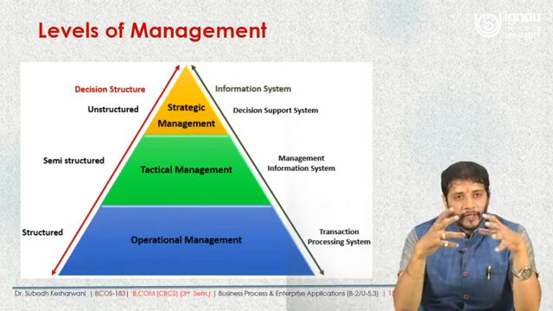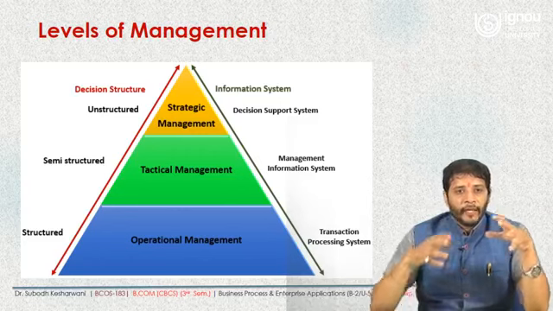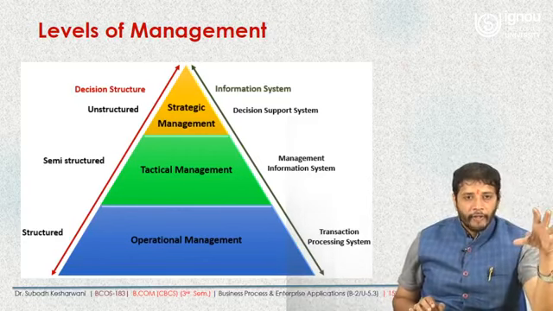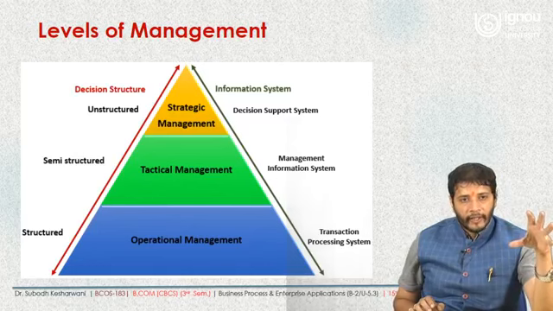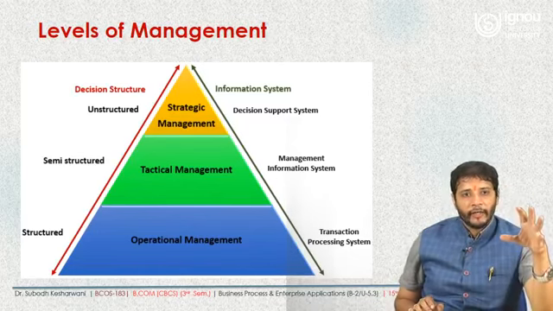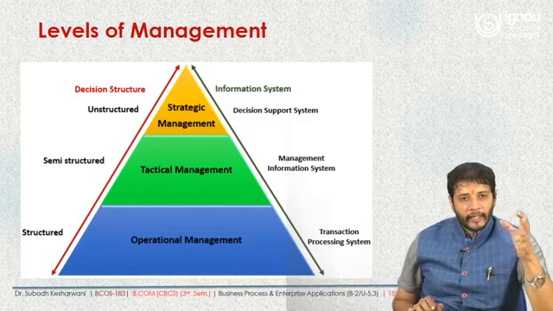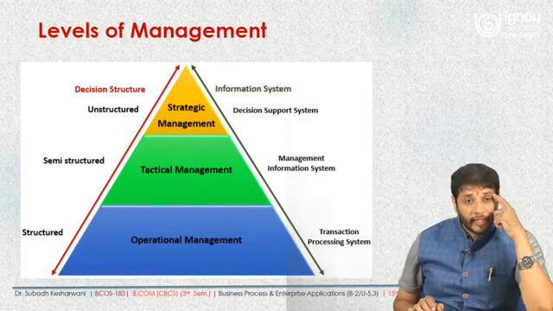If you bifurcate these levels from a technological perspective, you find there were certain softwares which started with structured manner, then semi-structured, then unstructured, and then finally decision structures. So again, operational management, tactical management, and strategic management are there.